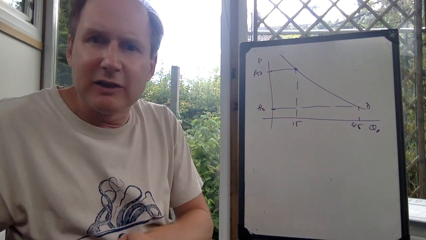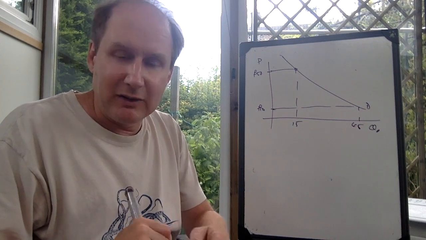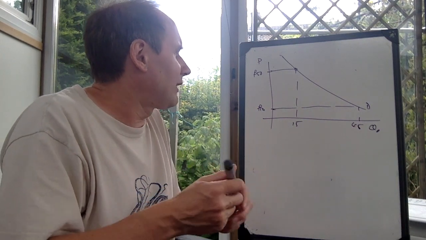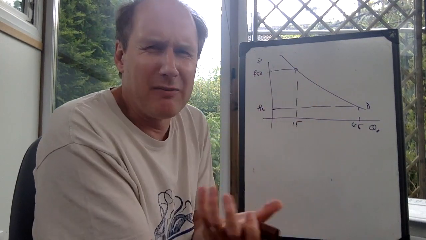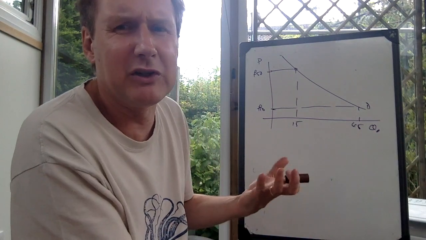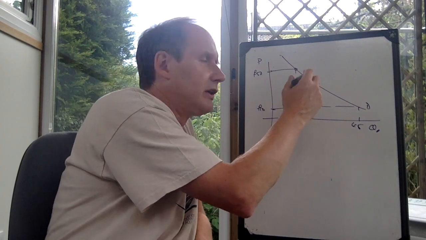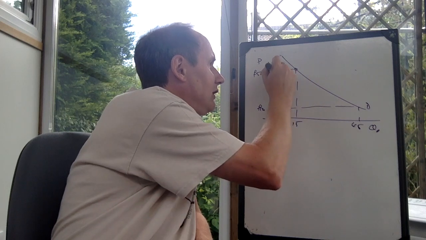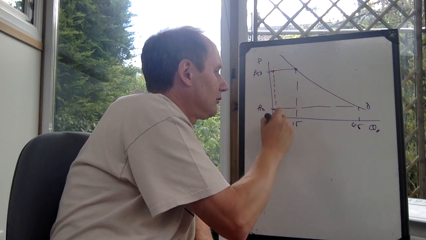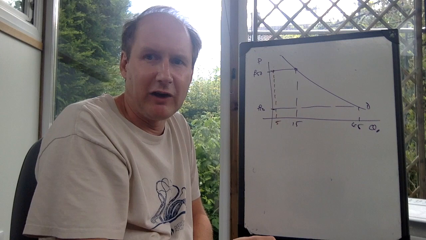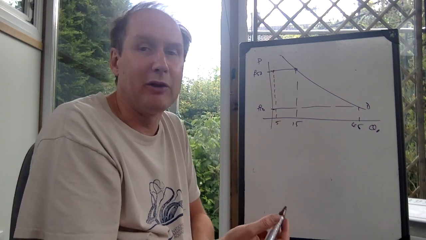After the lockdown, it's very, very difficult to get your haircut. So maybe a haircut's a bad example, but you see what I mean: at a price of £50, demand, instead of being 15 units, drops to 5. Or probably 0, to be honest, but you know what I mean.